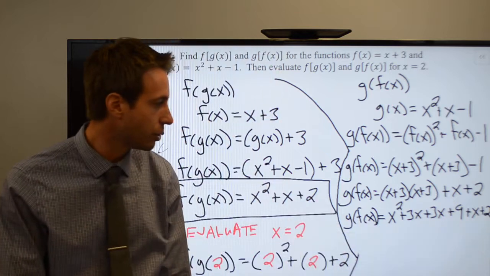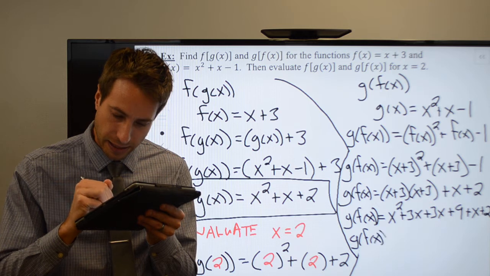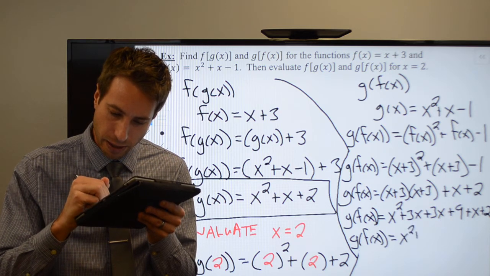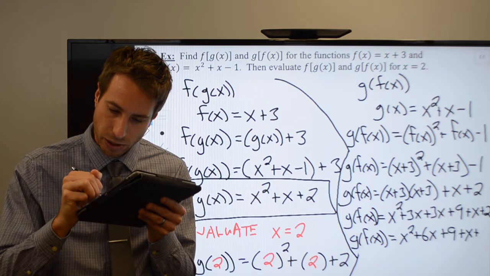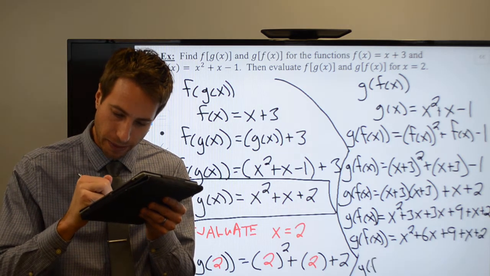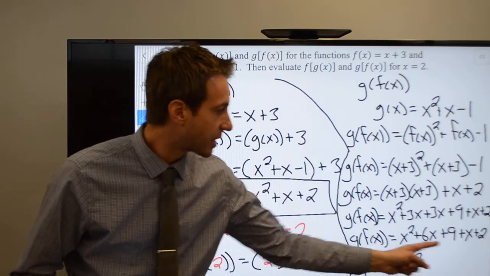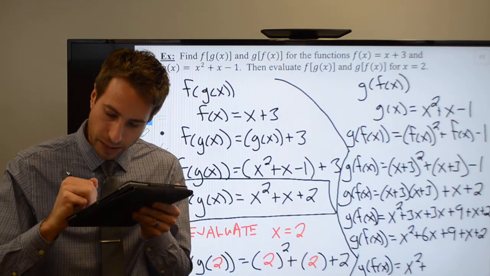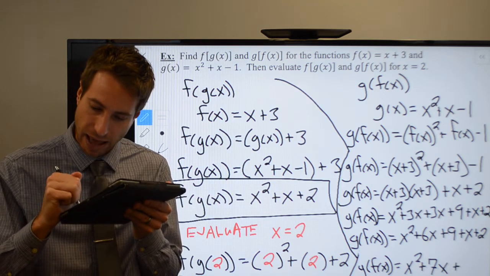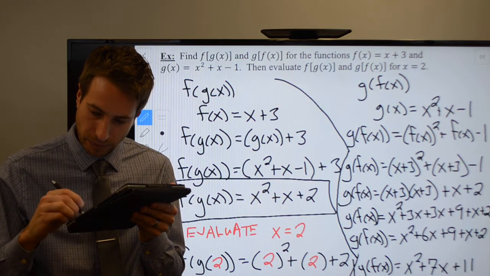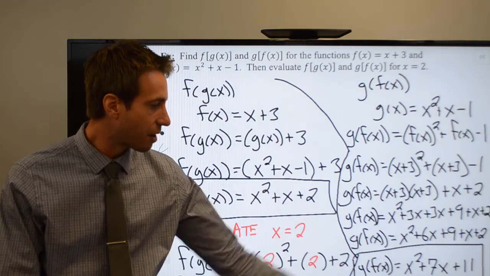Combine like terms. g of f of x is equal to x squared plus 6x plus 9 plus x plus 2. One more: x squared, 6x plus x is 7x, and 9 plus 2 is plus 11. So there we go. There's my function g of f of x.